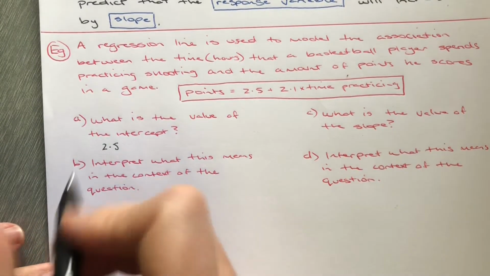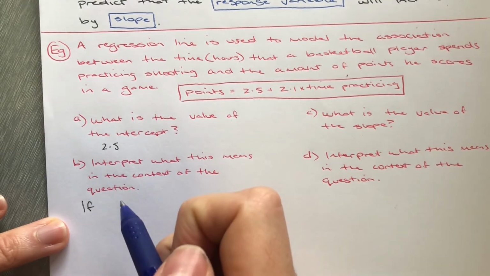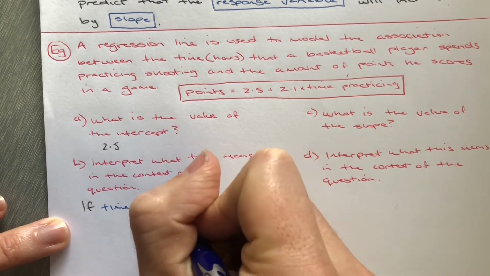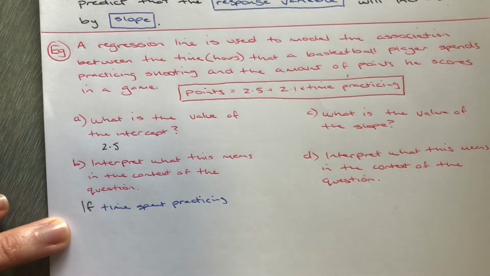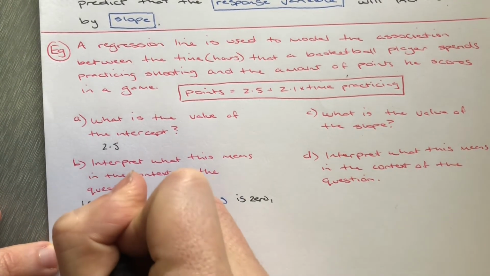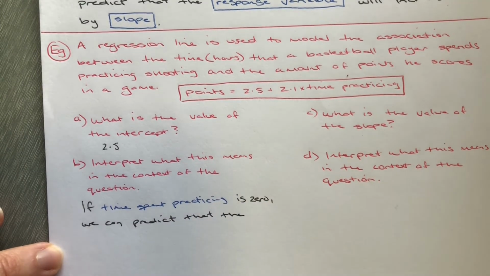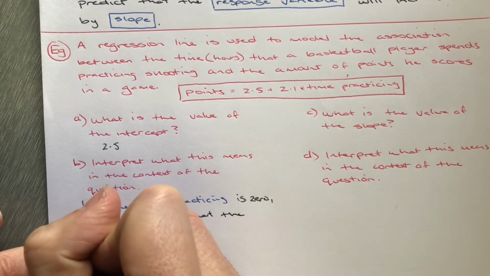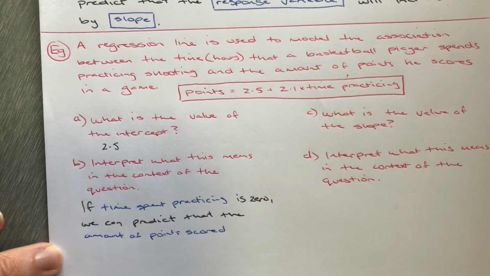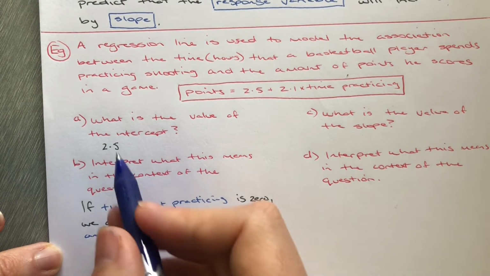If the explanatory variable, time spent practicing, is 0, we can predict that the response variable, the amount of points scored, will be the y-intercept, which we saw was 2.5.